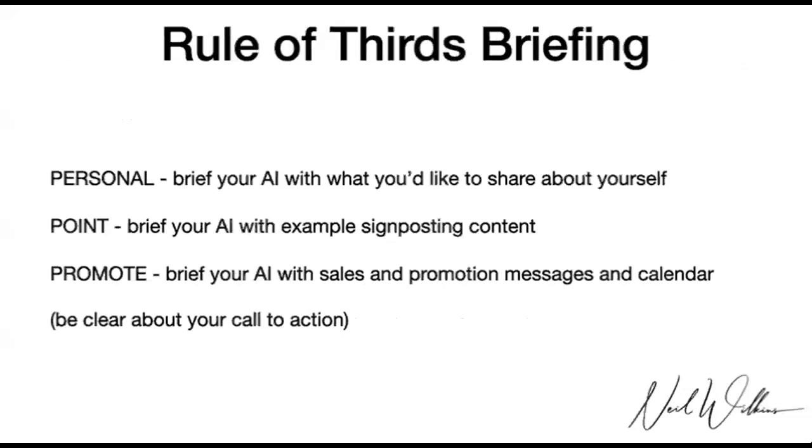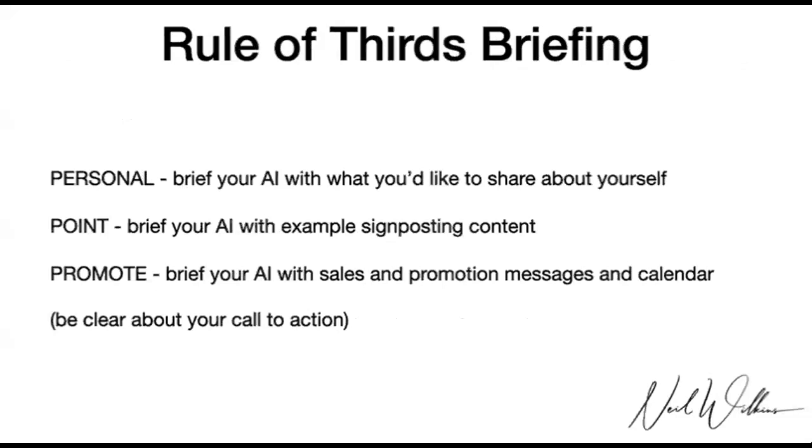Now, of course, we're able to use this in a very creative way. So we can use this if we think about the rule of thirds, the content rule of thirds, where if you're balancing ideally for your audience, a third of your content is personal and getting to know you, a third is points, signposting interesting articles and information, and a third is then promotion. That's the ideal balance for marketing communications content.